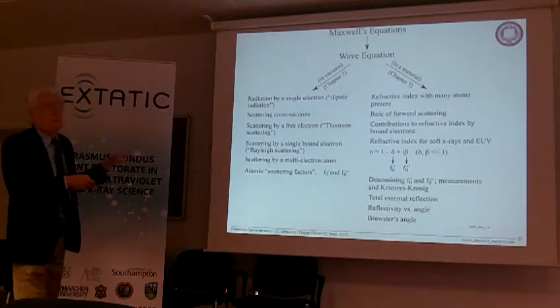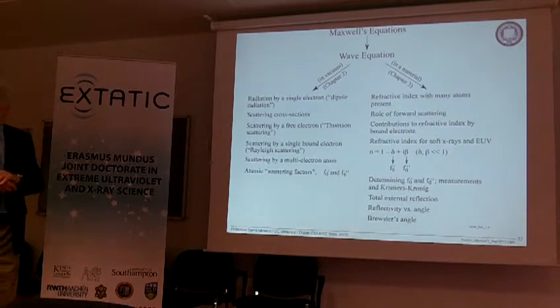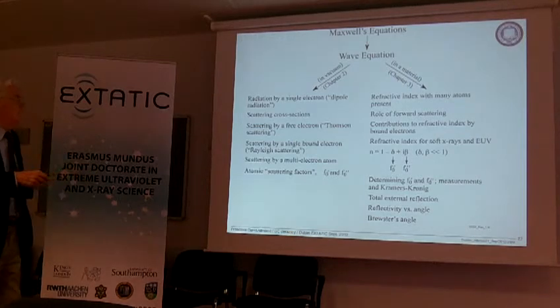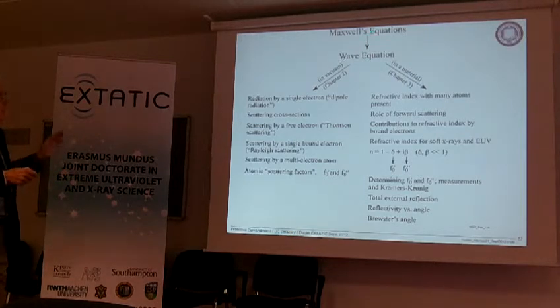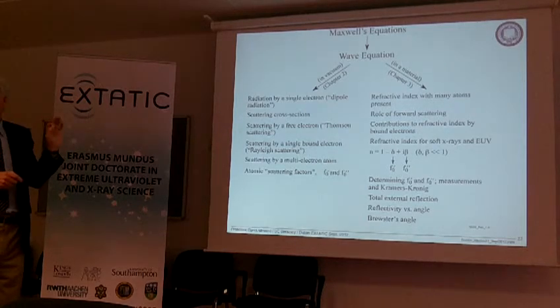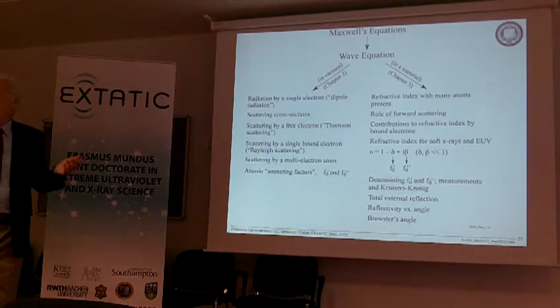This is why I want to have an overview, so that rather than just start solving problems, you see what's the difference. In the one case, Maxwell's equations lead to the wave equation, but now what do you do with it? If there's an isolated electron or an atom, we call it a scattering process.